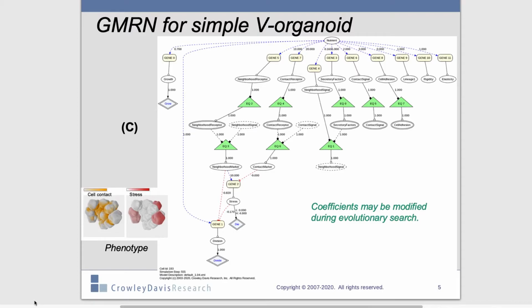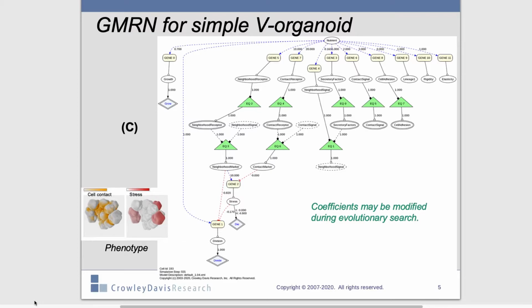Now that we have a basic understanding of our V-organoid, let's start examining the how-to operations involved in an evolutionary search. To begin, we need to do two things. Define a desired endpoint, V tissue or V-organoid, and select a prototype virtual cell from that V tissue.